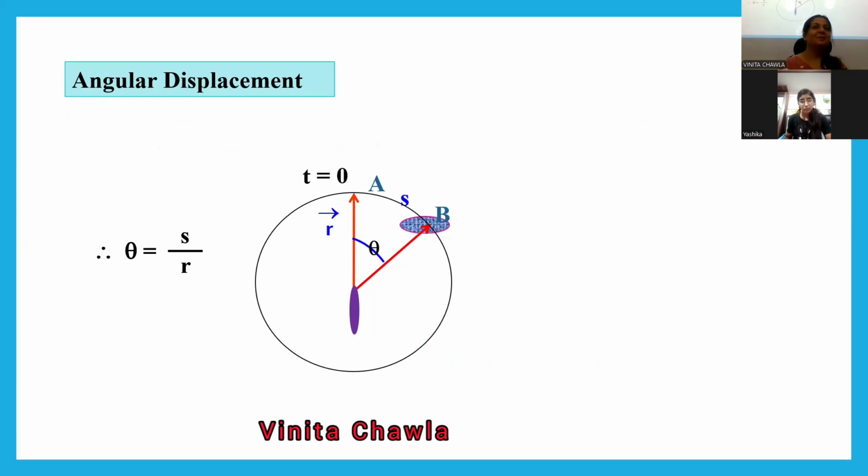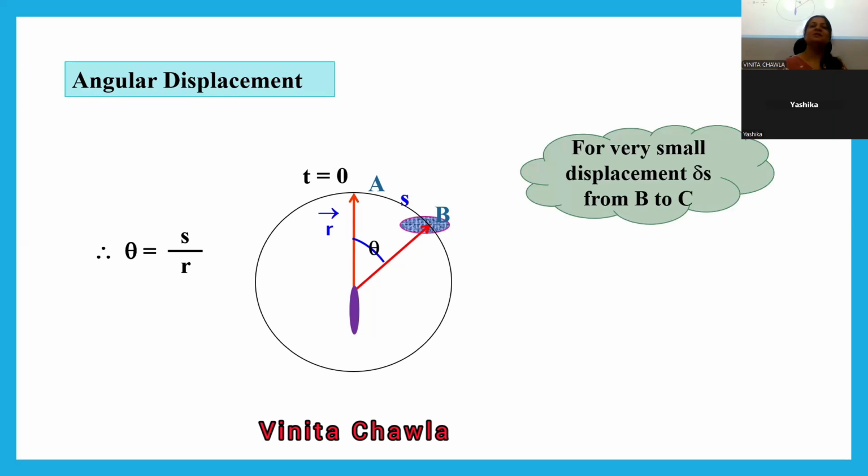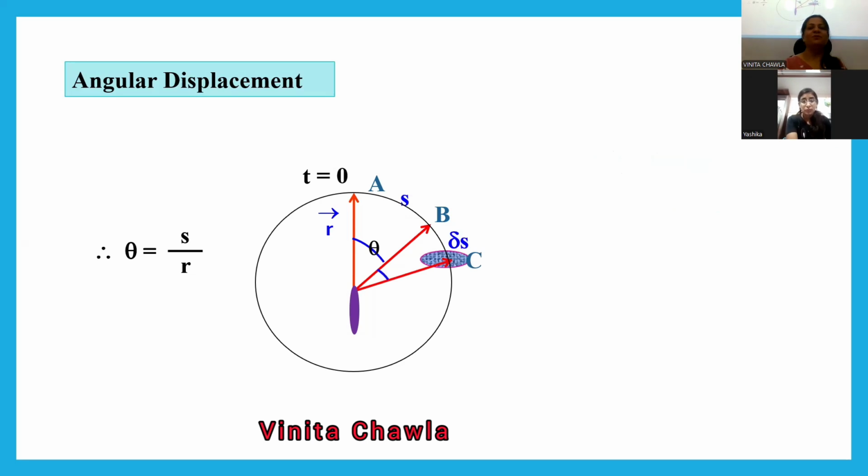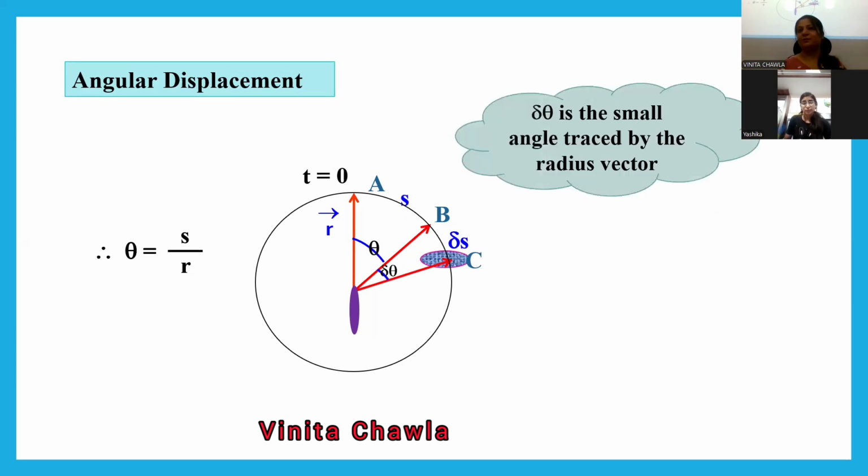dimensionless. So for a very small displacement delta S, suppose this particle moves from B to C, a very small displacement covered by the particle to reach point C. So for small linear displacement, we have small angular displacement, right?